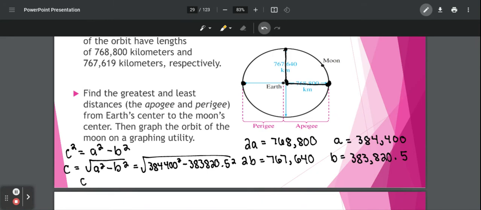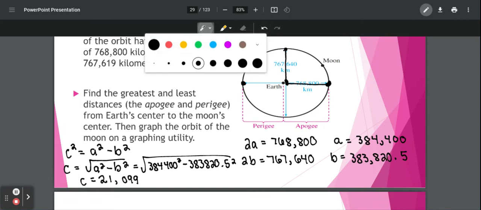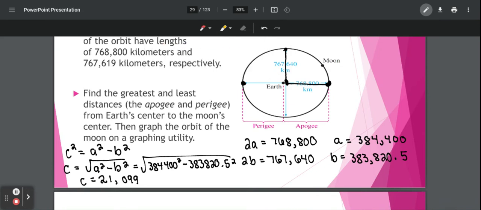So we get that c is about 21,099 kilometers.